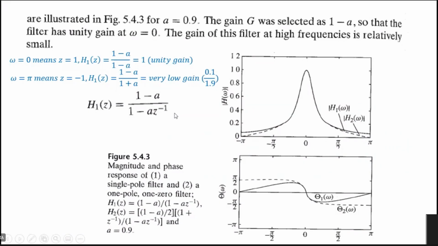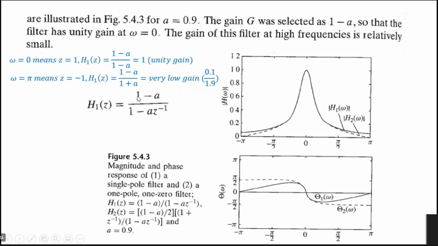Now what is the behavior at different frequencies? Omega equal to 0 means z is equal to 1, that is e to the power j omega with omega 0. If you put z equal to 1 in this equation, in place of z inverse we write 1 by 1, so z inverse is also equal to 1.